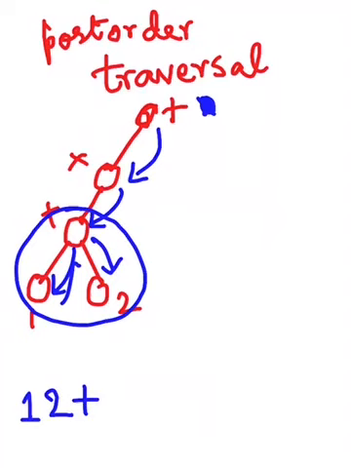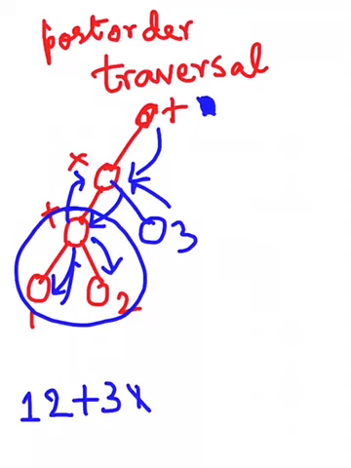Now I go back from there, and I'm not going to print the multiplication symbol. Rather, I go down to the right subtree of this, which is the number 3, and then I come back and write the multiplication symbol. So that is the idea.